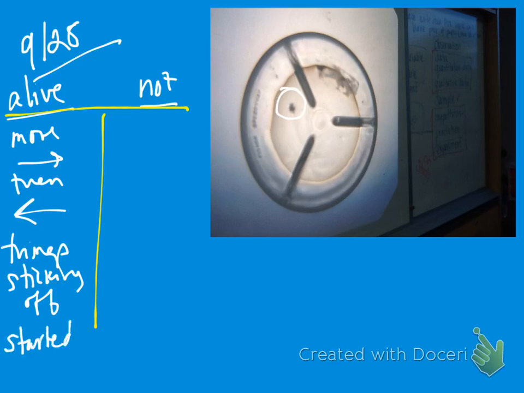One of them started to move. What else we got? Who else has got anything else in the I think it's alive column? Okay. So basically it's all down to their motion.